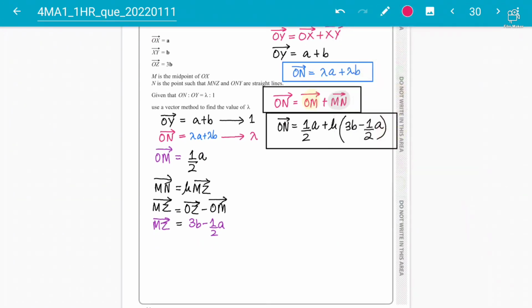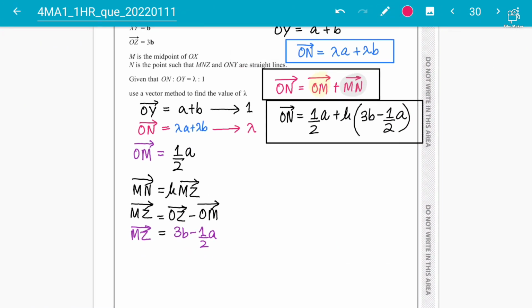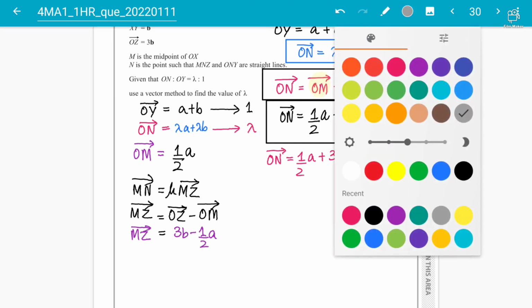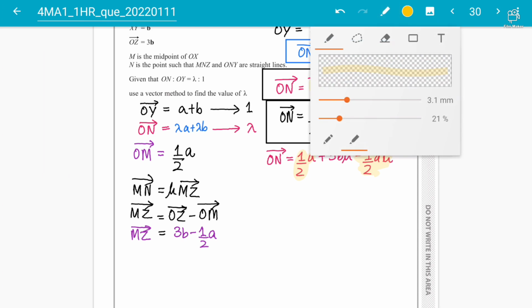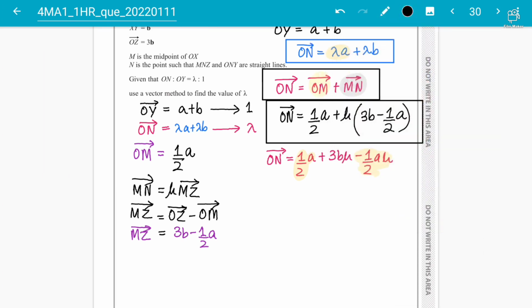So let's put them together. Just simplify first. ON is going to be half a plus 3b mu minus half a mu, and follow carefully, it's going to be half a minus half a mu compared with lambda a. That is very important.